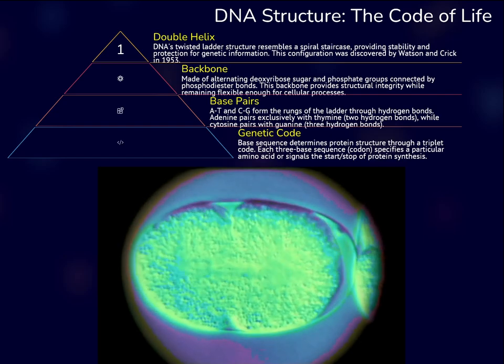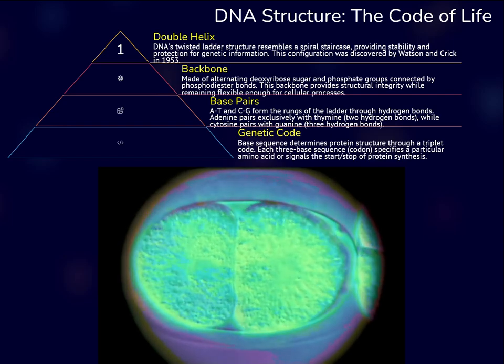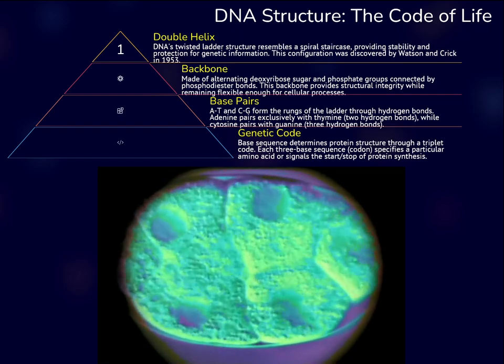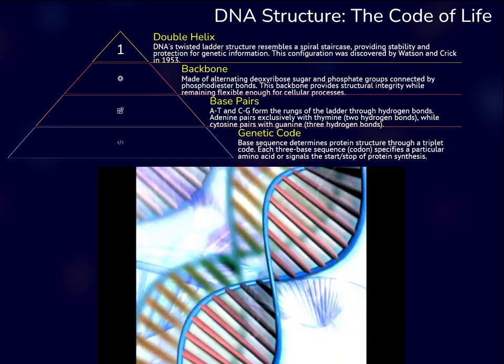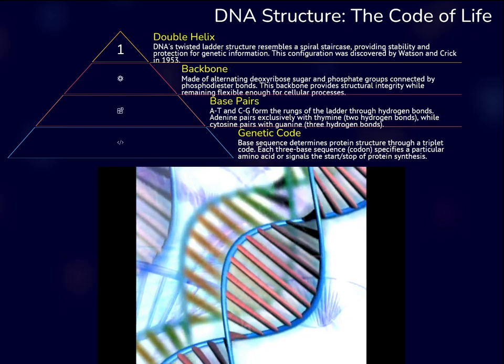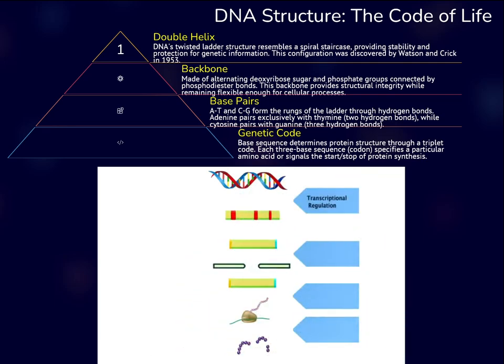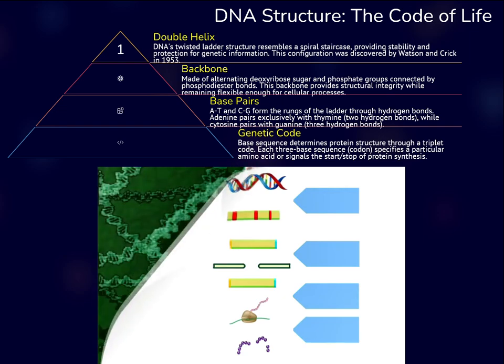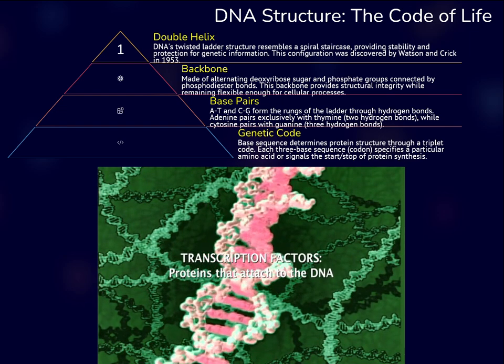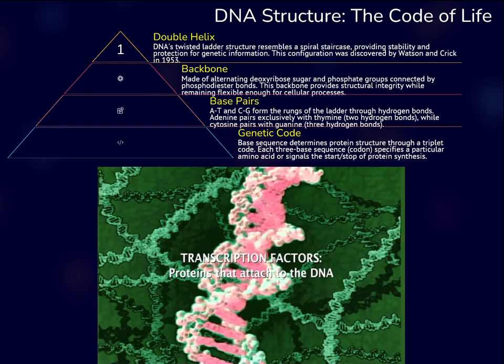Inside of living cells, the regulation of gene expression can take place at any one of a number of different steps in the production of the gene products, RNA and protein. In the case of transcriptional regulation, for example, the rate at which a gene's DNA instructions are transcribed into RNA is controlled. One of the main ways this happens is through the actions of proteins called transcription factors that attach to the DNA.